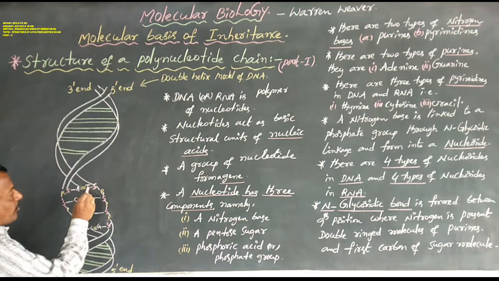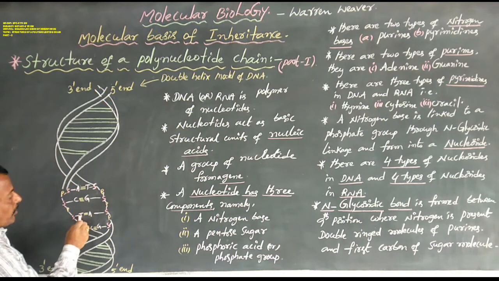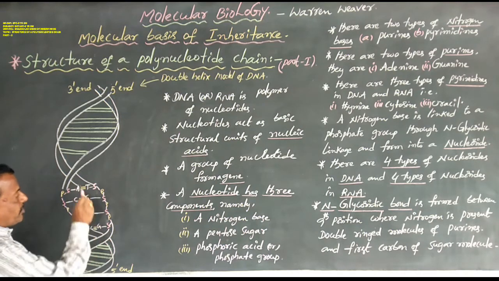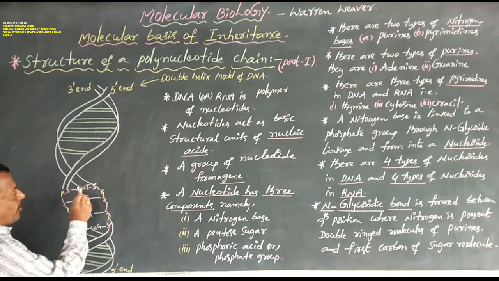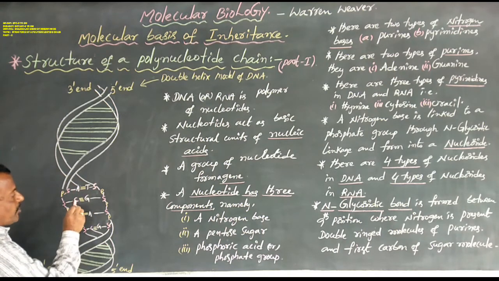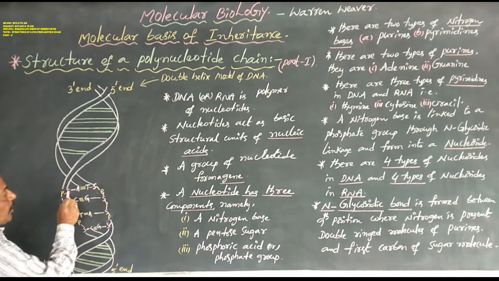So adenine and thymine, cytosine and guanine, thymine and adenine, cytosine and guanine. These are nitrogen bases. The symbols are A for adenine, T for thymine, C for cytosine, G for guanine, and sugar is S. This is a pentose sugar.